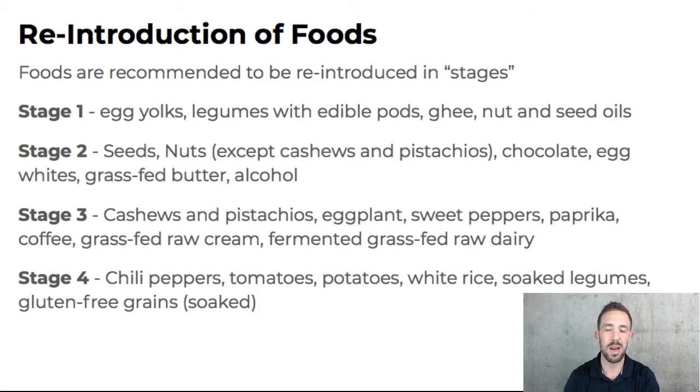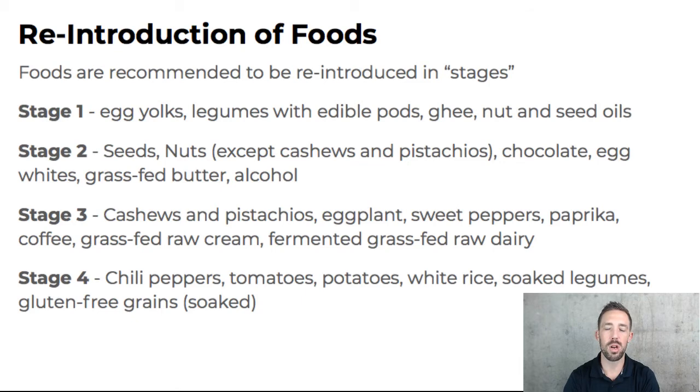If it's grass-fed and it's raw, then it could be great. It could be a superfood. A lot of people don't have access to that, so either figure it out or just ignore the dairy component of this if you're going to stay dairy-free. And fermented grass-fed raw dairy once again, so things like kefir and some of those fermented dairy beverages.